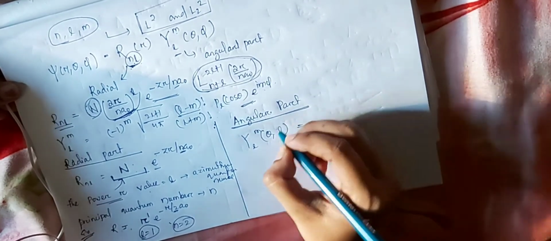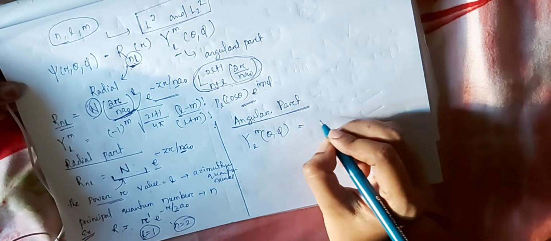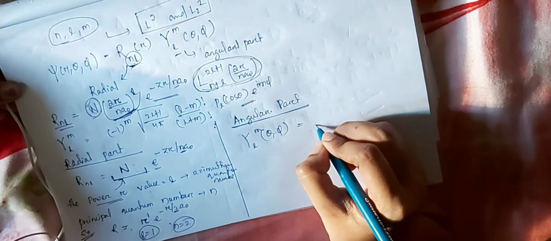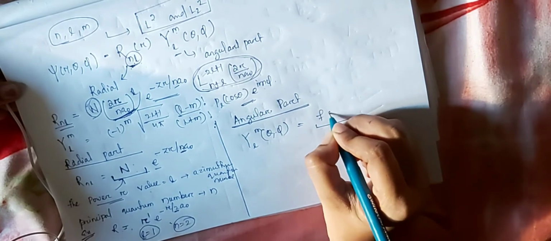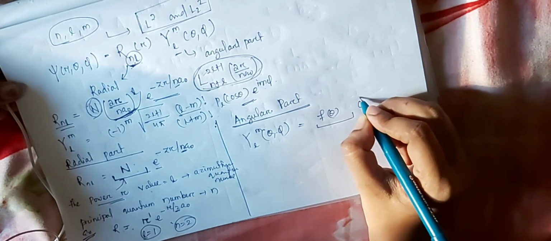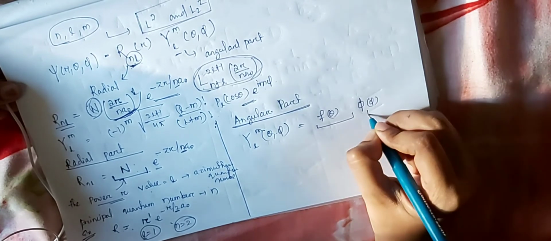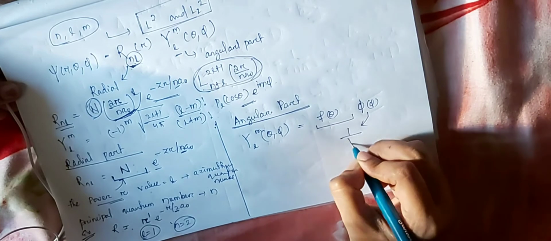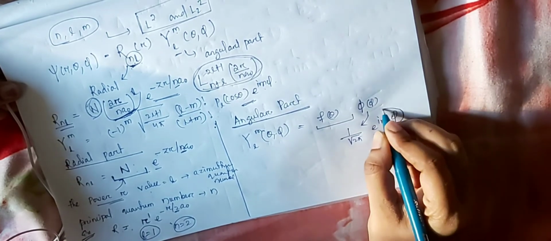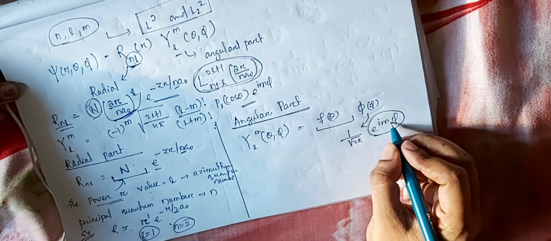Okay, because this phi part, there will be some part here, like if I consider the f of theta part, and there is a part that is a function of phi only, and this is nothing but my 1 by root 2 pi e to the power i m phi. So there will be a term in terms of e to the power i m phi.